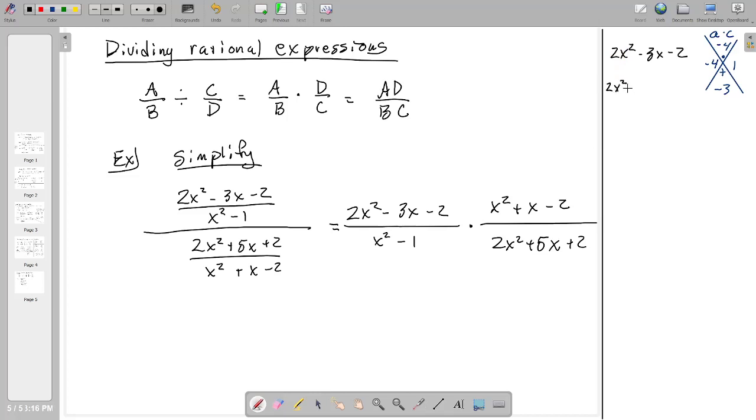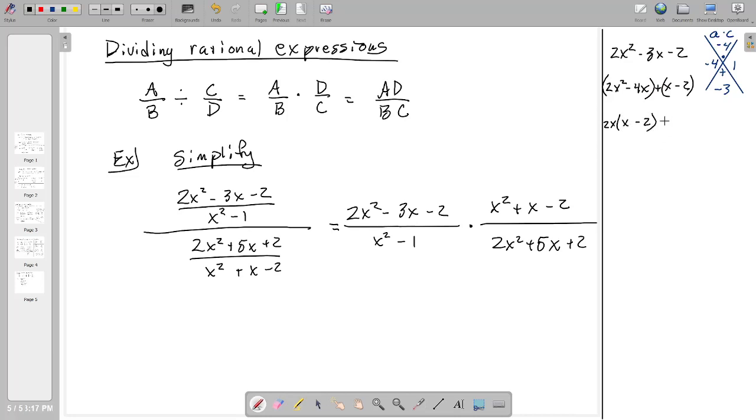2x squared minus 4x plus x minus 2. And that process includes breaking up your b term into two separate like terms. So we have a negative 4x and a positive x here. And those numbers come from here and here. Negative 4 is the coefficient here, and the 1 is the coefficient here. And then we group them, remembering that there needs to be an x in the middle, and we factor out whatever we can. In the first one, we can factor out a 2x, so all that's left is x minus 2.